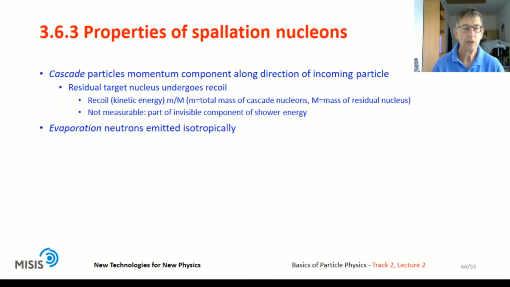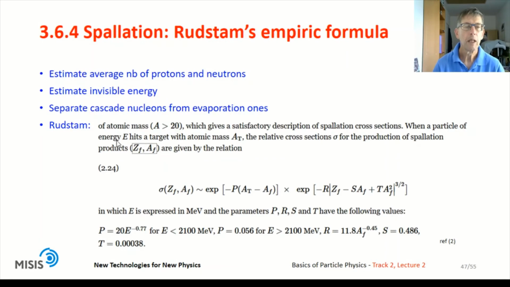Then the evaporation neutrons are emitted isotropically. Now we can estimate the average number of protons and neutrons. We can estimate also the invisible energy, and we can separate the cascade nucleons from the evaporation nucleons.